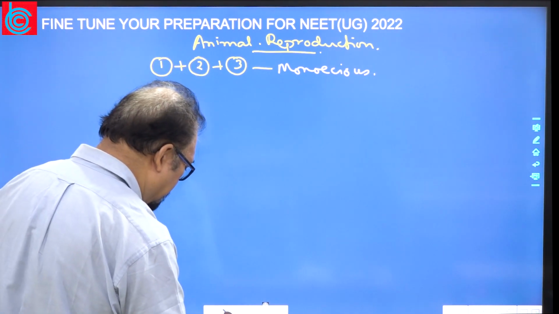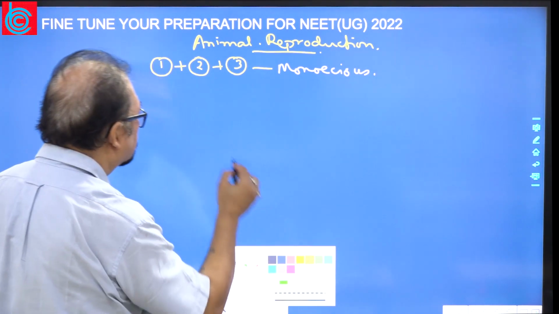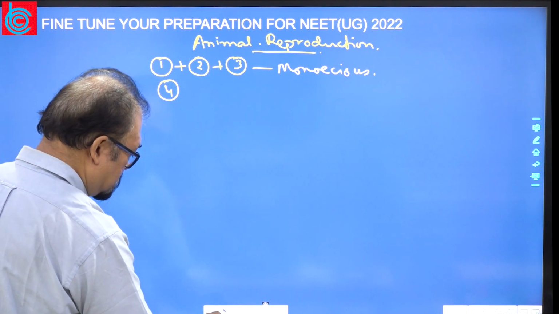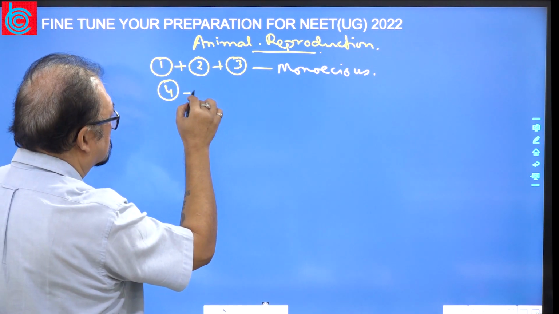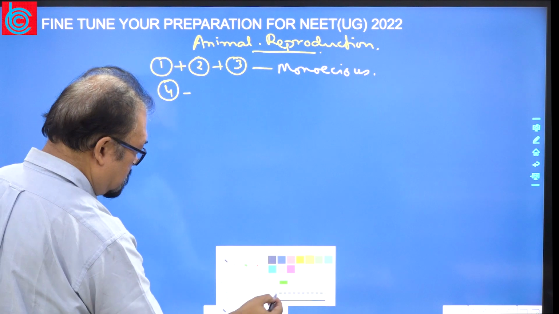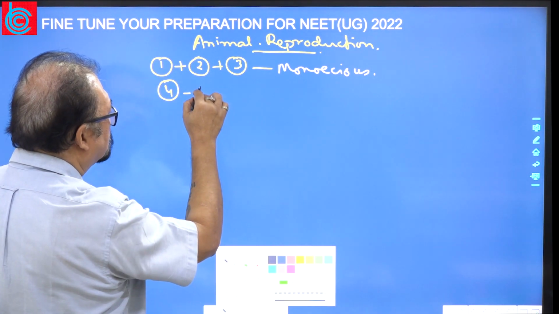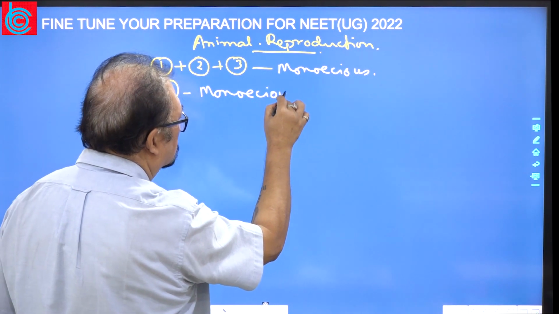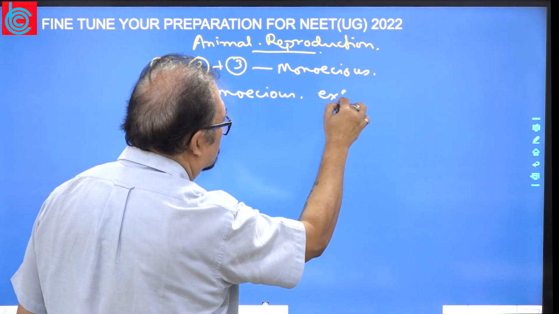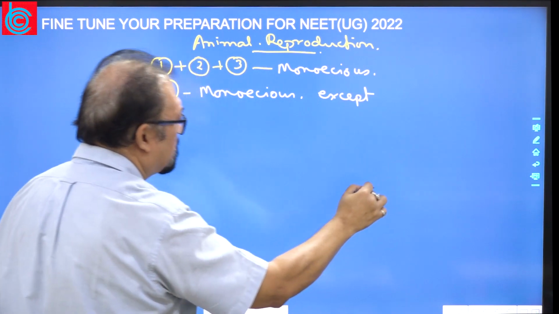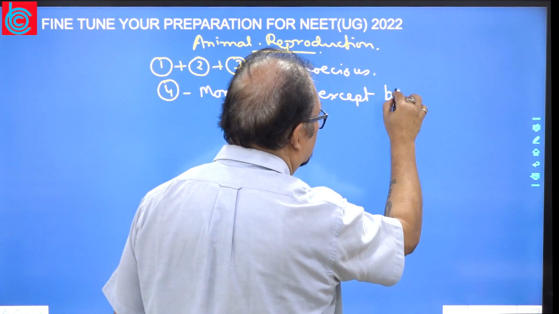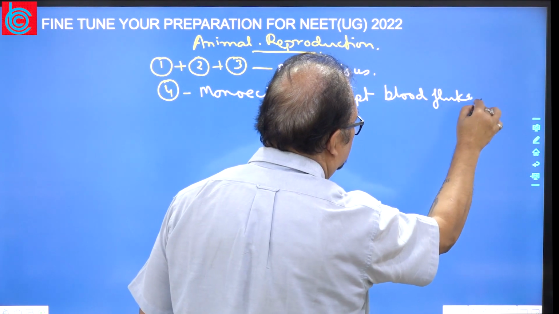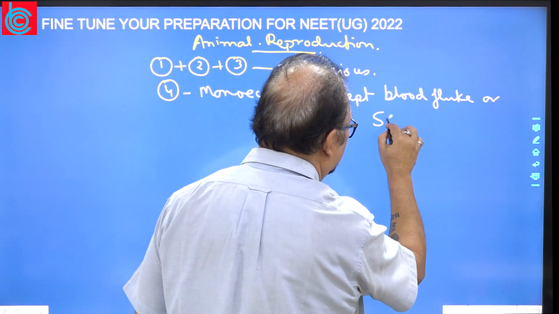And also Platyhelminthes, monoecious, except blood fluke, or Schistosoma.